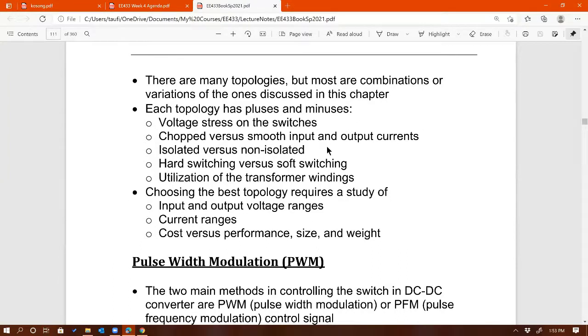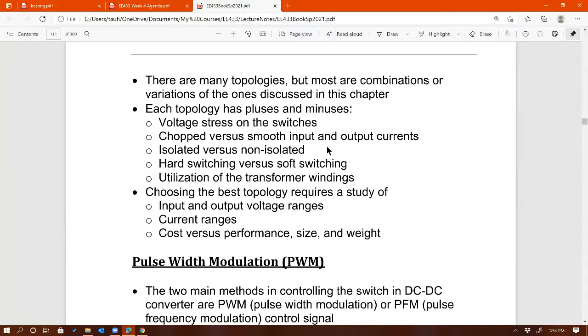So as much as we can, we want the topology that we use to have a flat DC current at the input and a flat DC current at the output. So that's the ideal DC to DC converter. But unfortunately, most of the topologies that we have would not offer those kinds of benefits. There's always a trade-off.